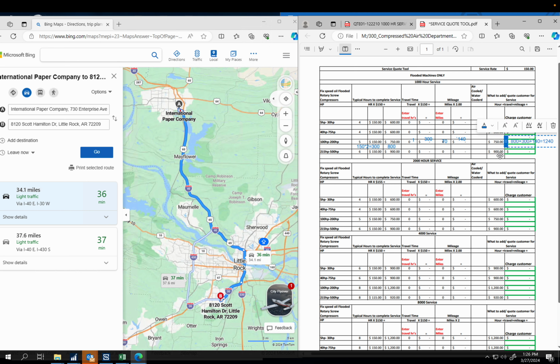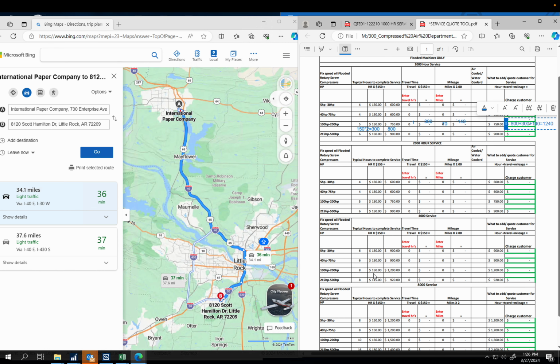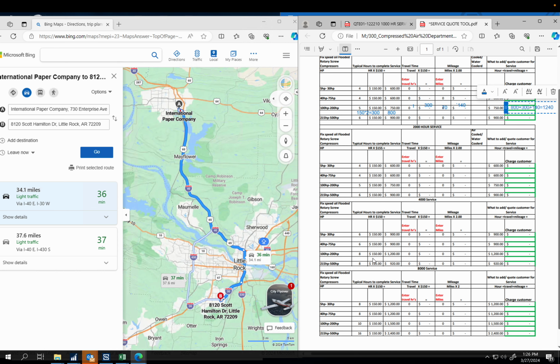So let's do the same exercise as we go forward here, because we're going to need to do it for a 4,000 and 8,000-hour service. So we have 300 as our rate. 300 times 8 equals 2,400. And the mileage should stay the same. So we have 1 hour of travel, and then we have 300.